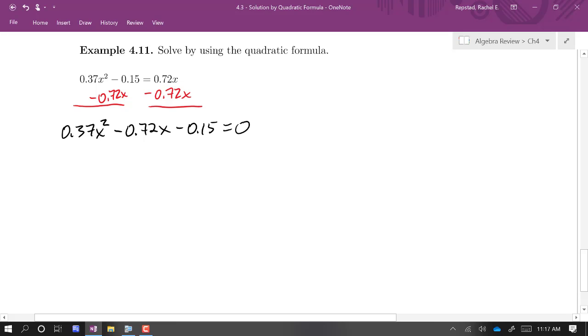The other thing is that when you're working with quadratic equations and the coefficients are decimals, it's pretty conventional to approximate your answer.